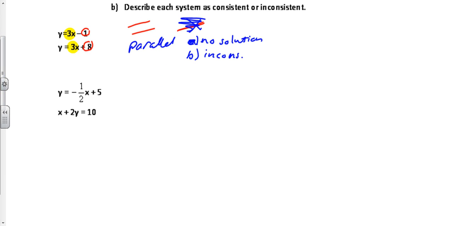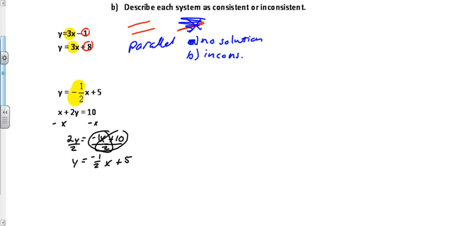First one solved for y, so the slope is -1/2, but the second one's not solved, so we're going to have to do some work with that one. So just like in the last chapter, we're going to practice our solving for y ability. Divided by 2, and the whole side gets divided by 2, so I'm going to separate that, and I'm going to write -1/2 x plus, that'll be this part, and then I have to do this part. 10 divided by 2 is 5.